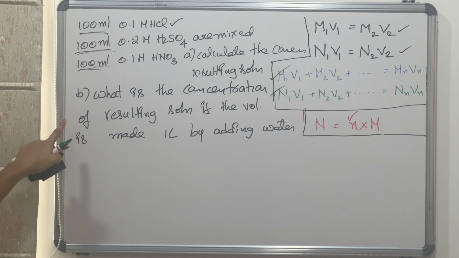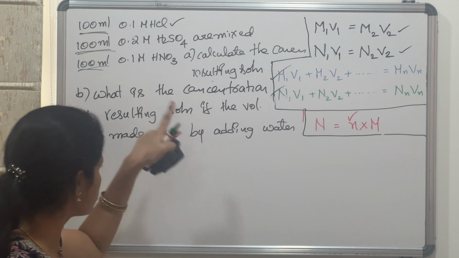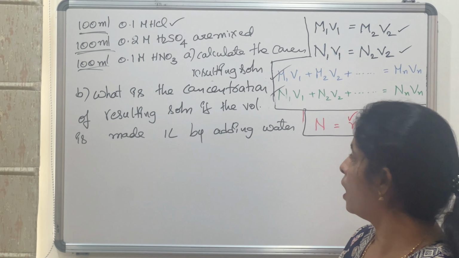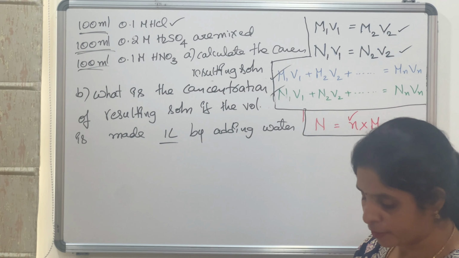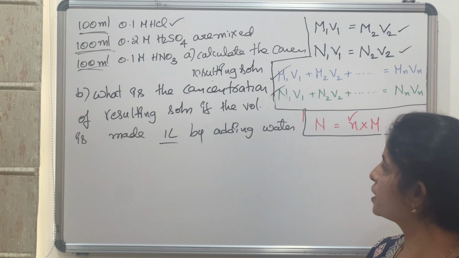So what is your second bit here? What is the concentration of the resultant solution if the volume is made 1 liter by adding water. So what is the new concentration now?